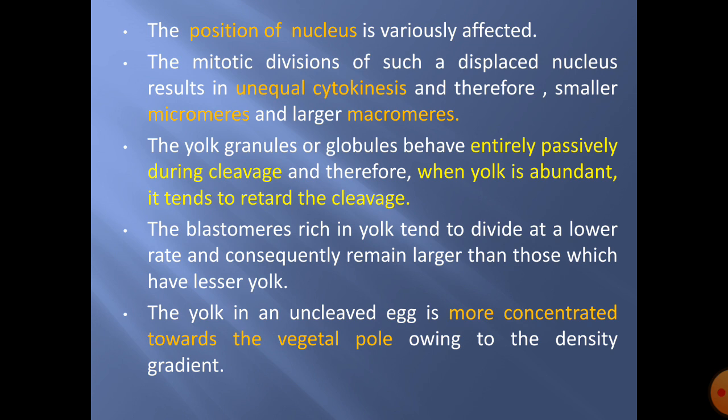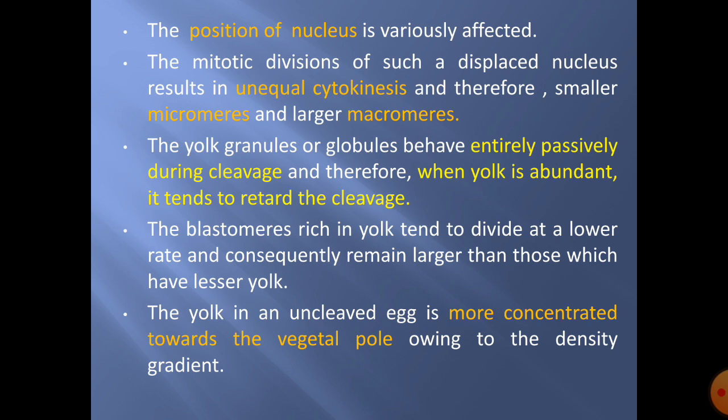Both micromeres and macromeres are blastomeres. The daughter cells resulting out of cleavage are called blastomeres. They are micromeres if they are smaller and macromeres if the size is bigger.